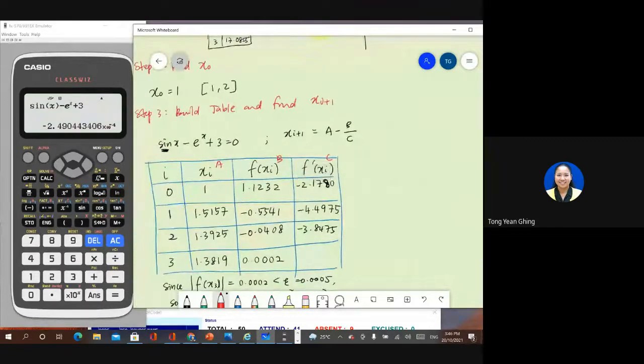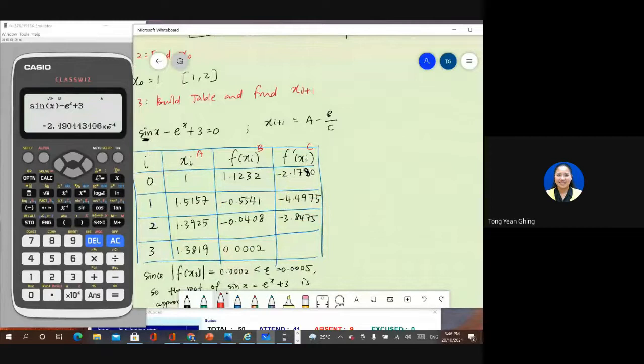Kalau nak masukkan formula, okay. So, pergi shift kan? Shift. Lepas tu pergi this logo kan? Okay, shift ni. Lepas tu masukkan sign kan? Sign. Lepas tu awak buka kurungan dulu.